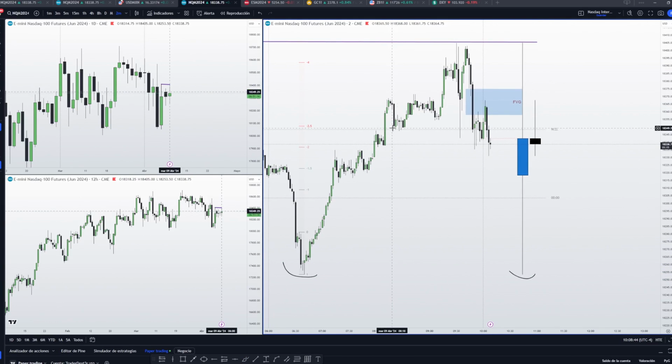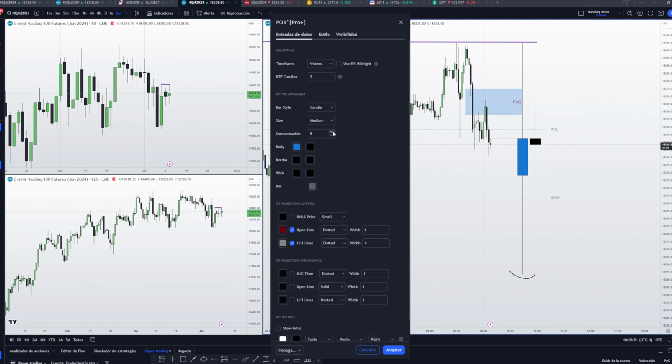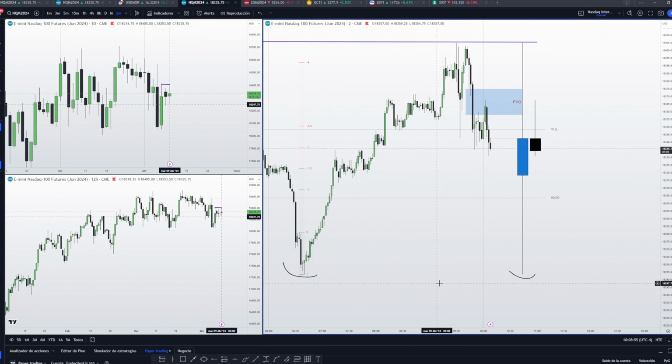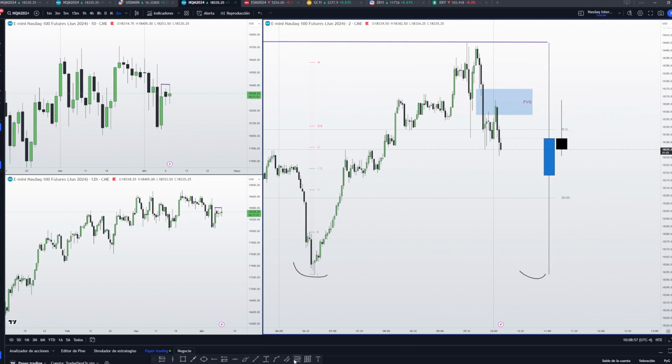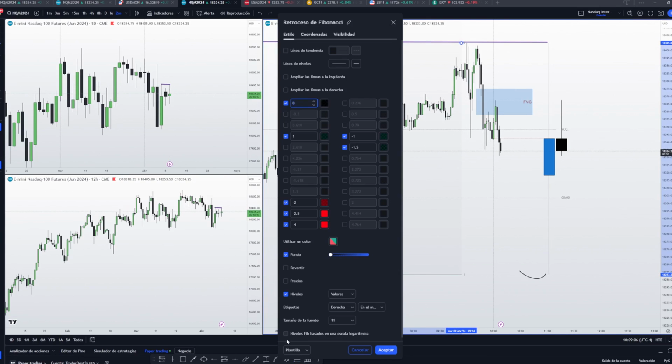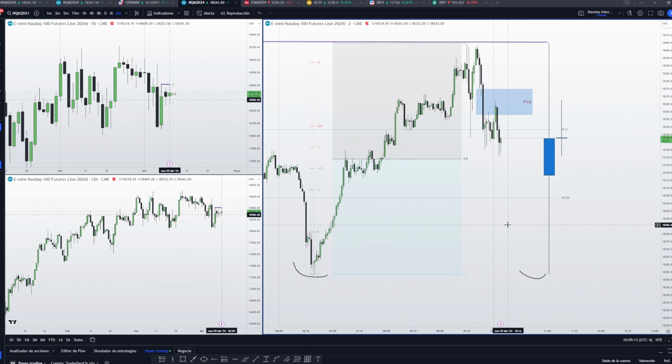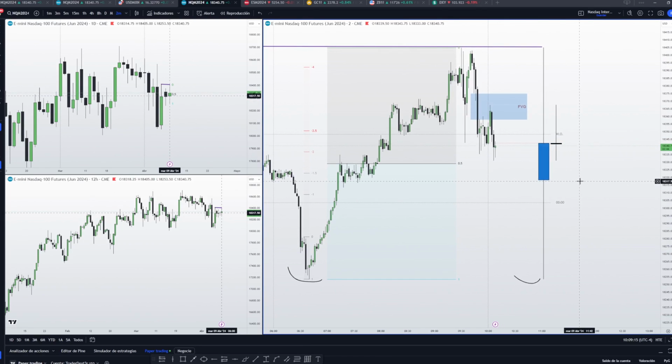So price is in the 4 deviations and in the SMT, so it's in premium price. The range here, this low and this high. So in this moment, the draws, it's in the equilibrium, it's in premium.